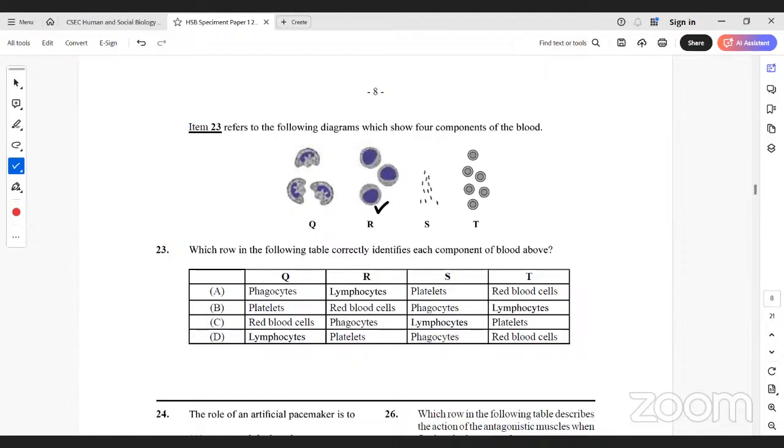The cells where the nucleus is taking up the majority of your cell, you know as lymphocytes. You know the donut-shaped cells are your red blood cells, which makes S your platelets. So the answer for 23 is none other than A.